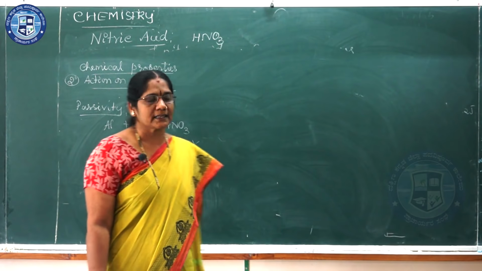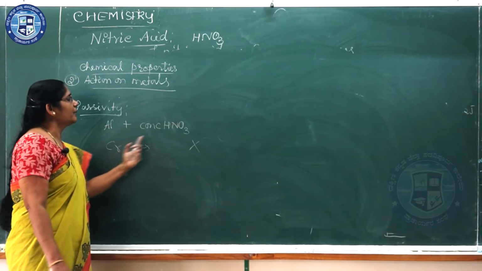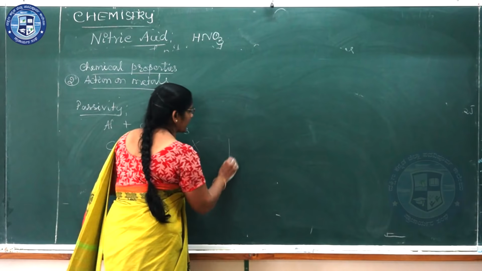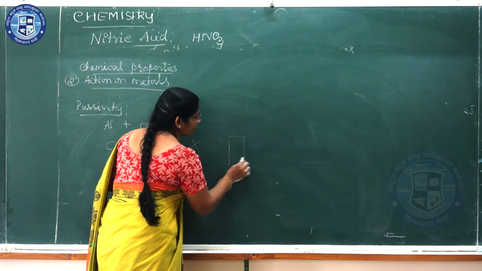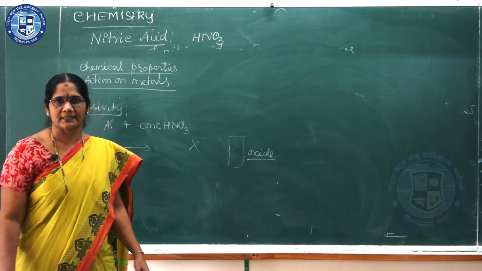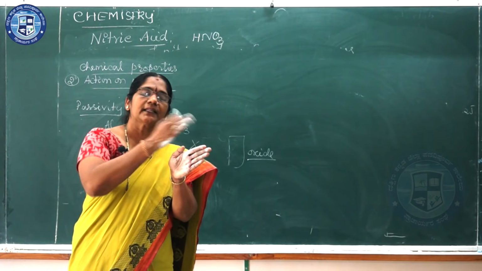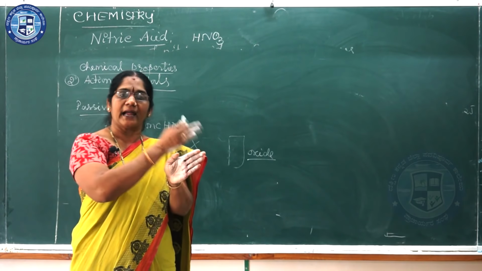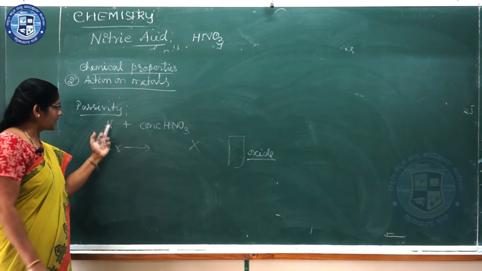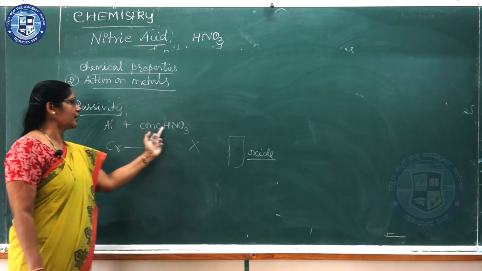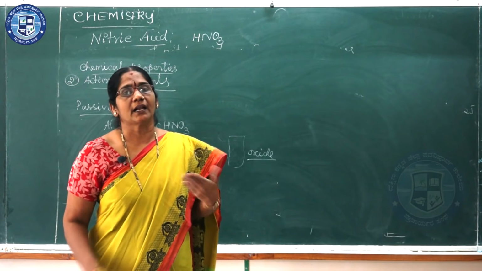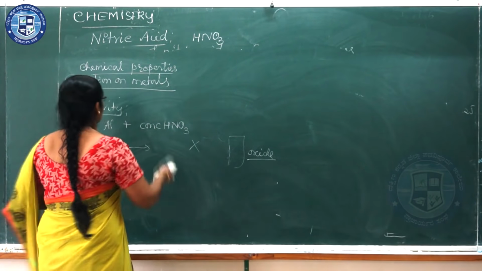When aluminium or chromium are added to nitric acid, on their surface a stable layer of their oxide is formed, aluminium oxide or chromium oxide, which prevents further contact between the metal and the nitric acid. This is called passivity, the active metals becoming passive in concentrated nitric acid due to the formation of a stable metal oxide layer on their surface.